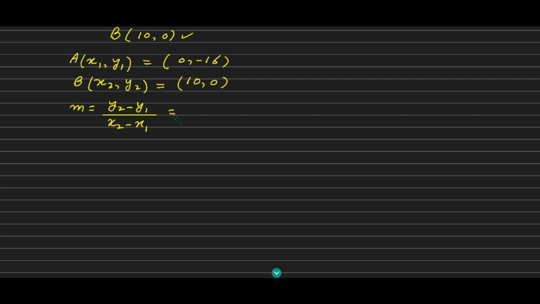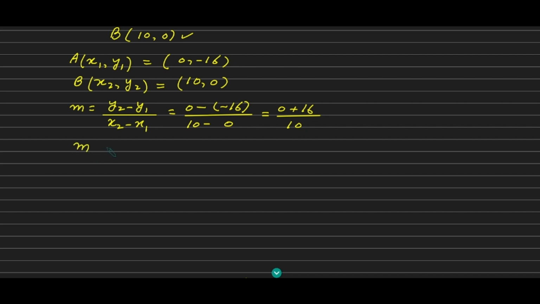We replace these values here. y2 is 0, minus y1, which is minus 16. Here x2 is 10, minus x1, which is 0. We get 0 plus 16 over 10.